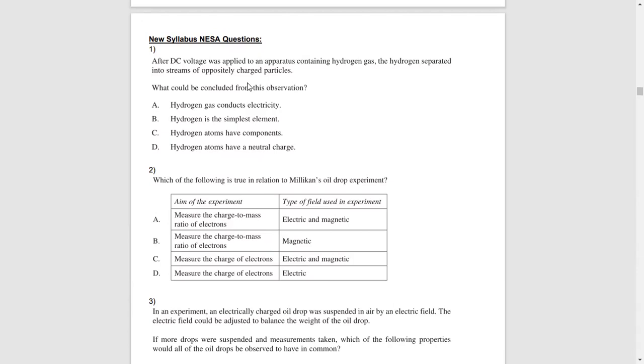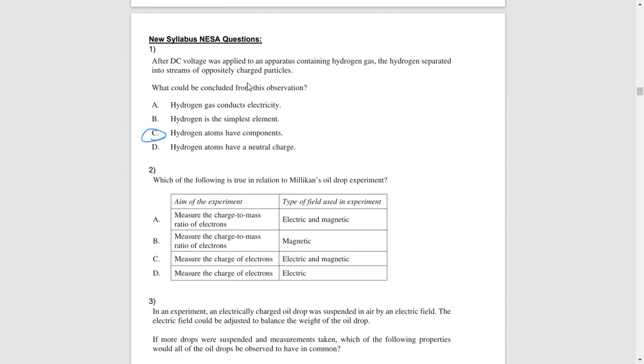What that would then suggest is that it's made up of components which are charged, right? Because you can separate it into, I guess, a part that is positive and a part that is negative. You started with one thing, you ended up with more than one, so it's split up.